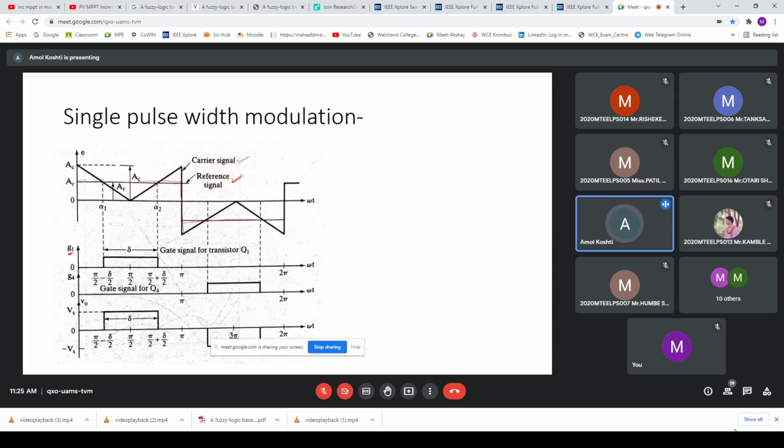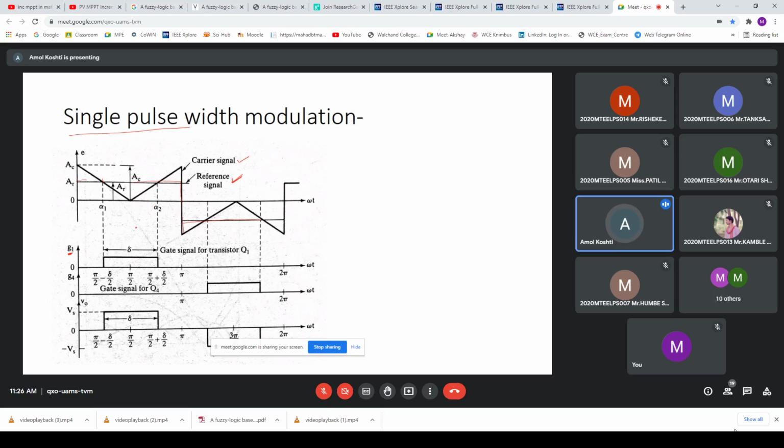Here if you see, the name itself reflects the meaning, single pulse width modulation. Here we use a single pulse, and here the carrier signal. We produce one pulse from this single reference signal.